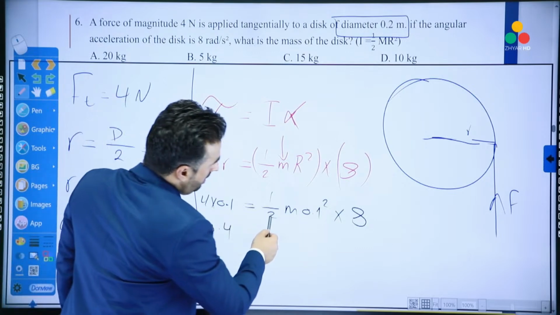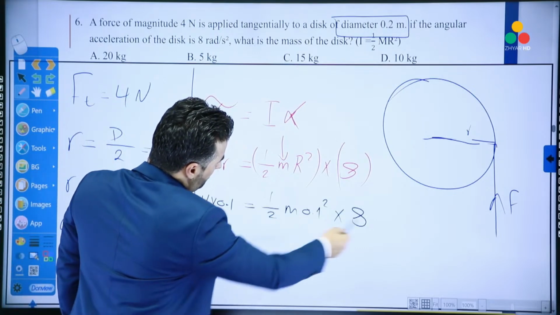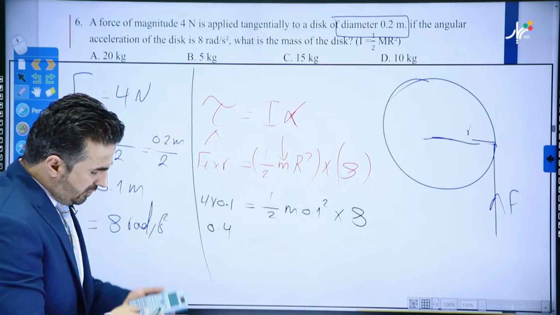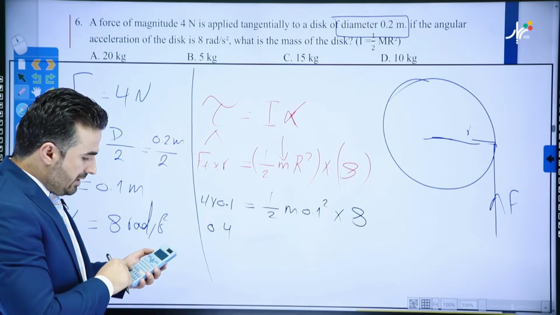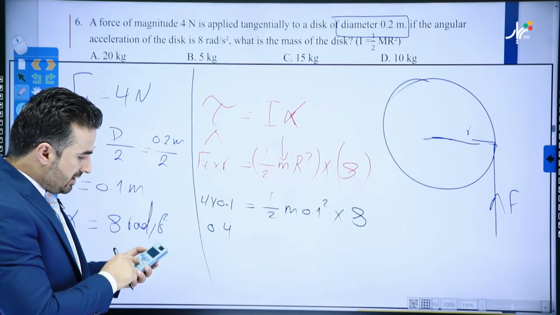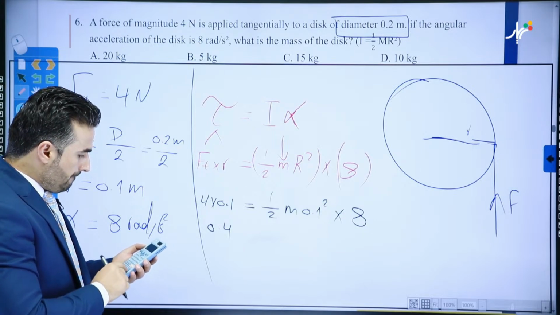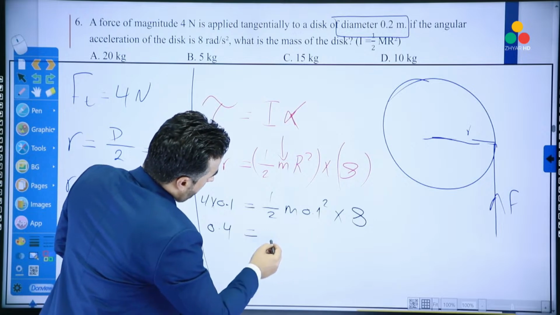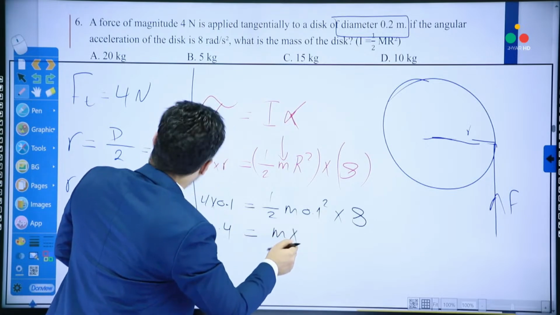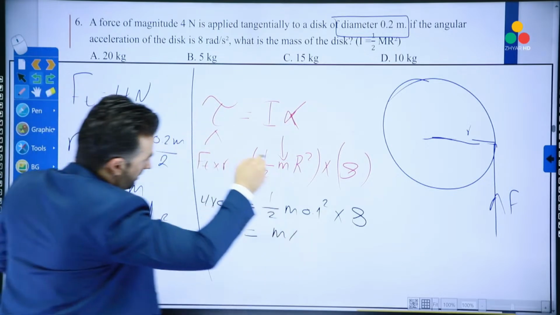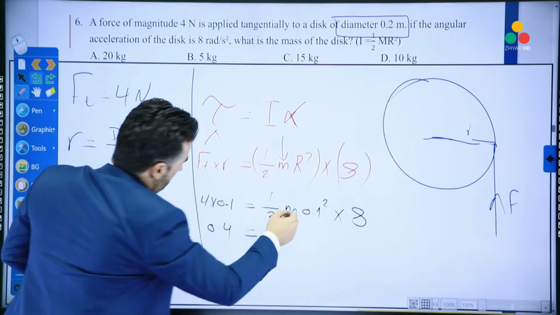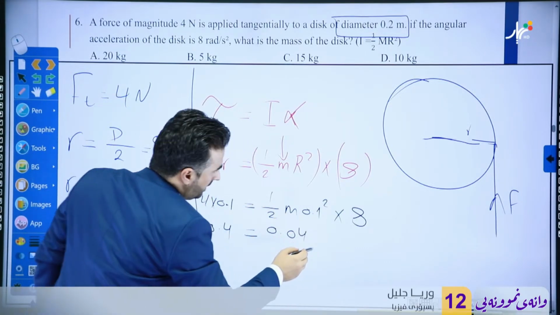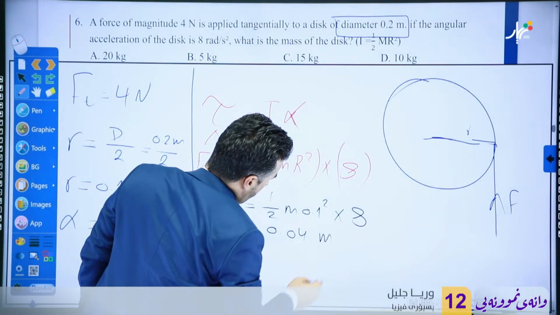And then this 1 over 2 times 8 is 4. 4 times 0.1 squared, that is equal to 0.04 times the mass.